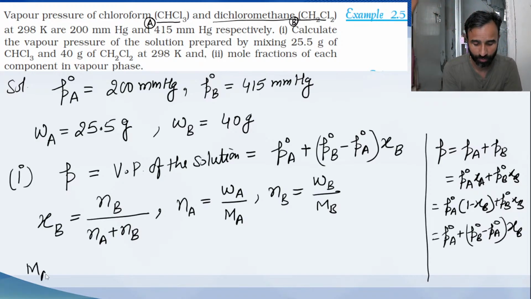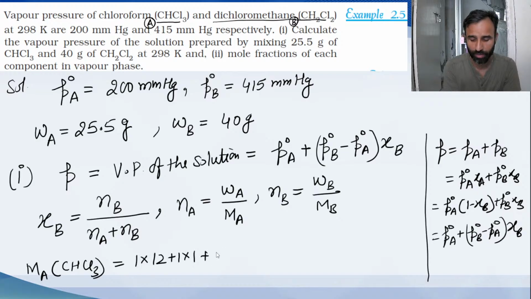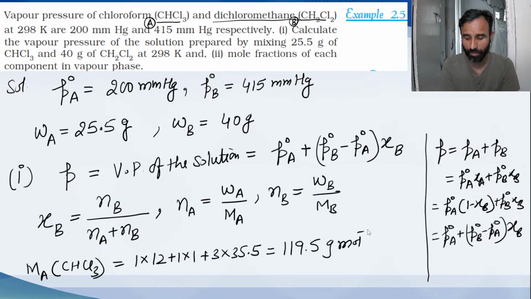Just calculate MA. A is chloroform. So that is equal to 1 into 12, 1 into 1 plus 3 into 35.5, right? So in this way, it is equal to 35.5 into 3 plus 13. It is 119.5 gram per mole.